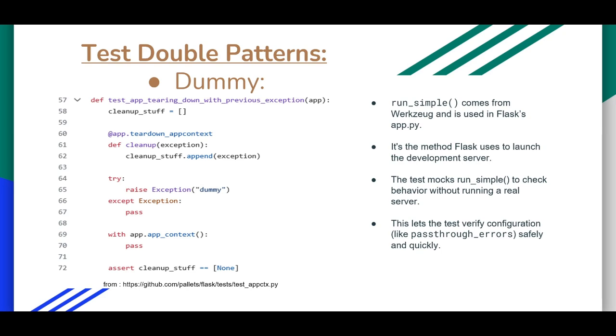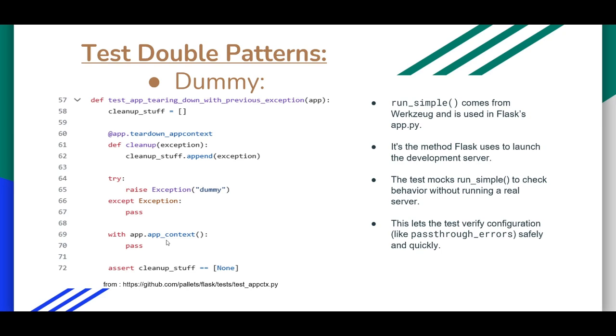This test is checking if Flask still cleans up everything properly, even if something went wrong before. It pretends that an error happened earlier by raising an exception, but that error doesn't actually do anything because it's caught right away.